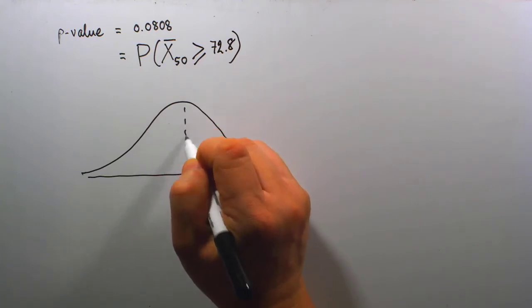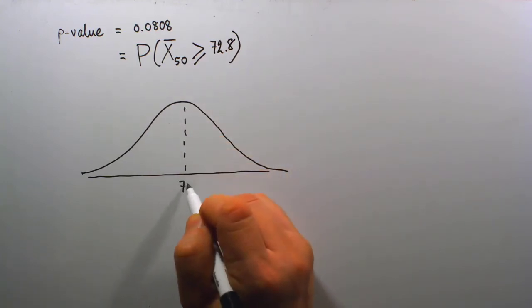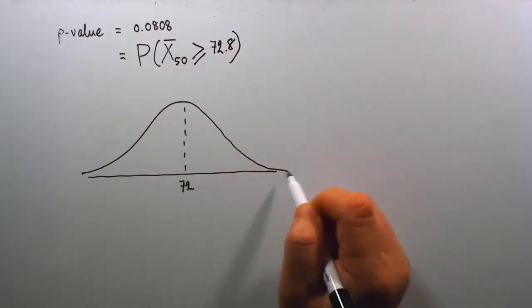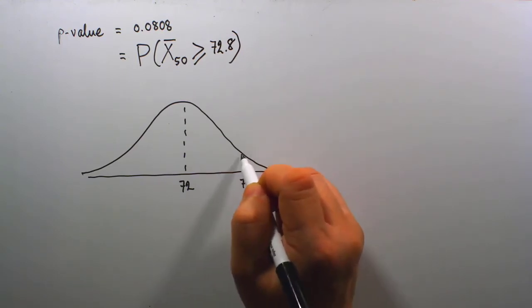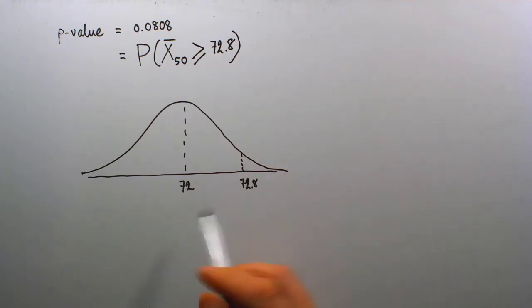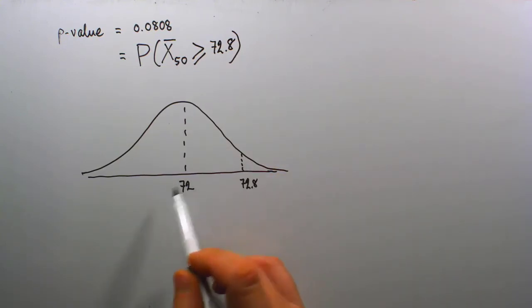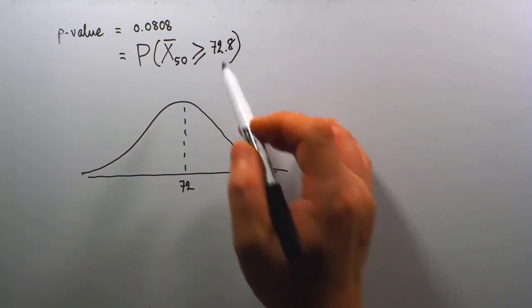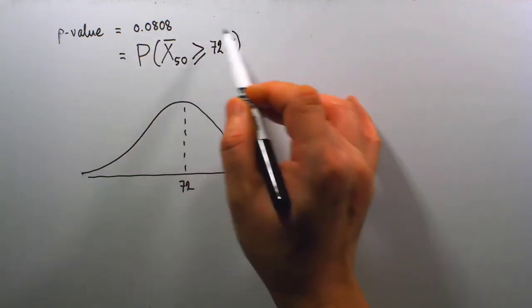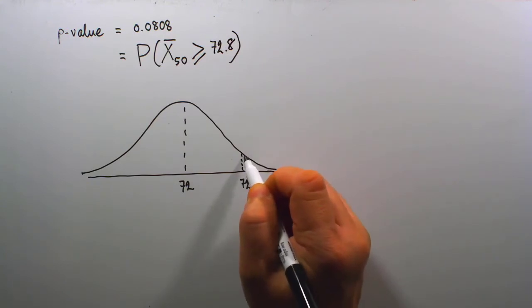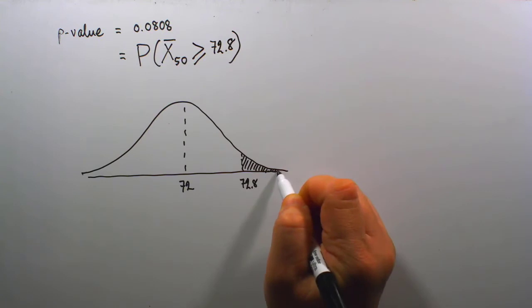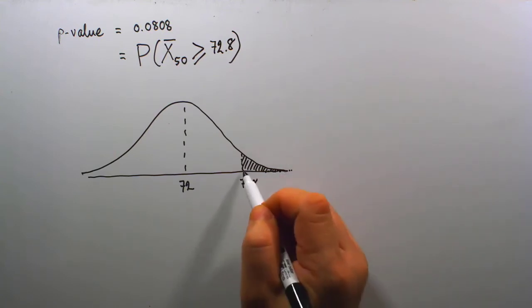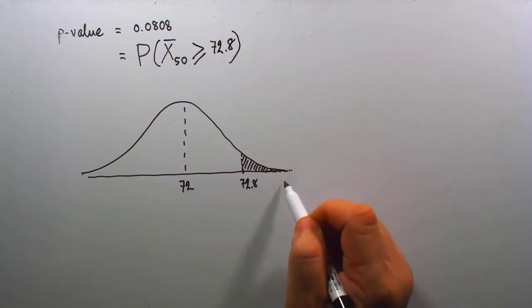with the center at 72, yes, 72.8 is somewhere to the right hand side of our claim from the null hypothesis, and the claim from the null hypothesis already became the center here. But this probability setup is graphically the area shaded to the right hand side of our sample mean value on this bell curve.